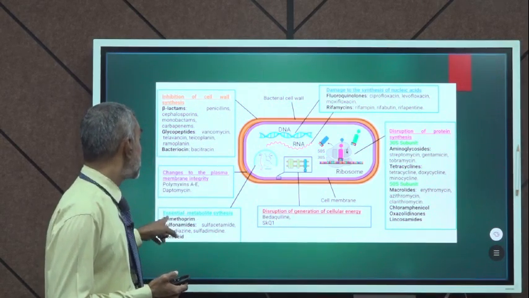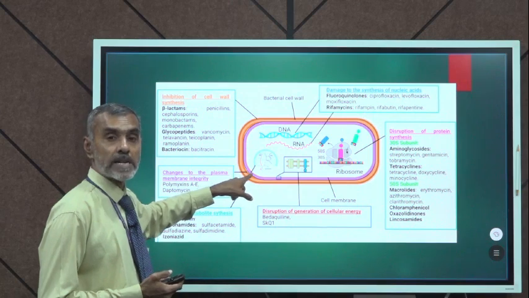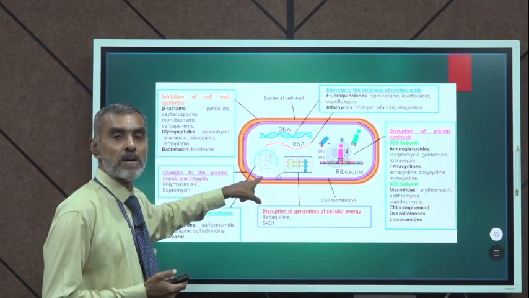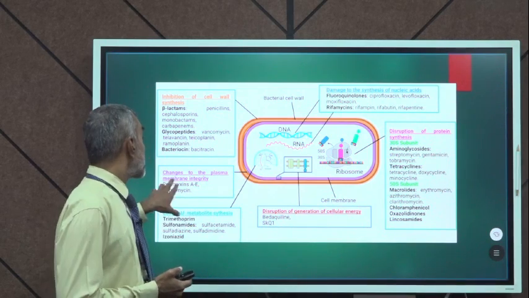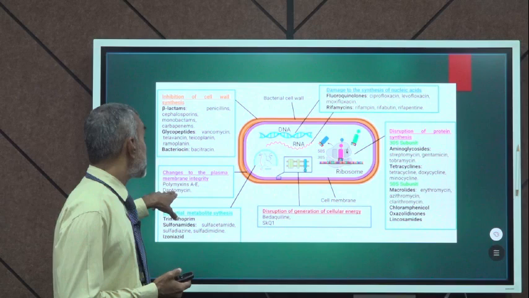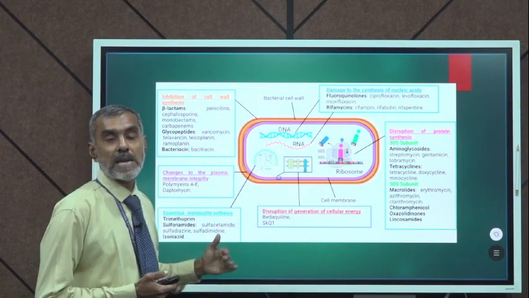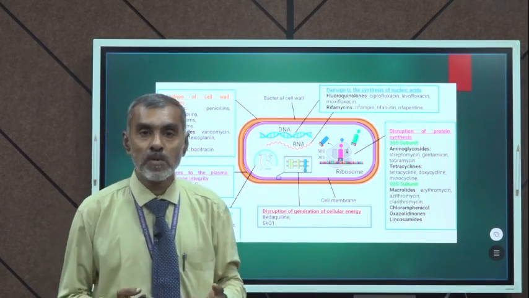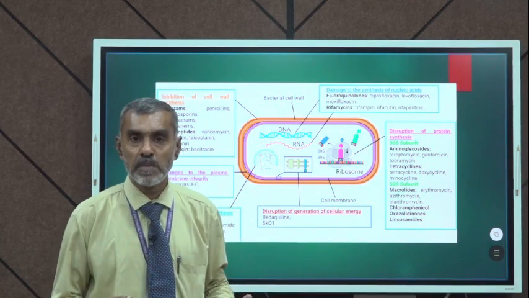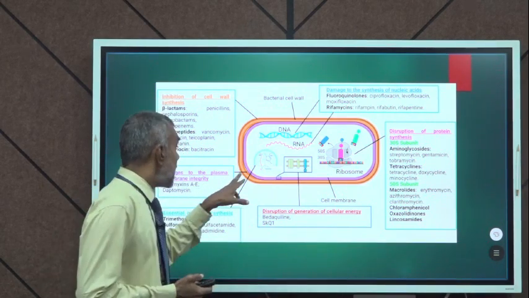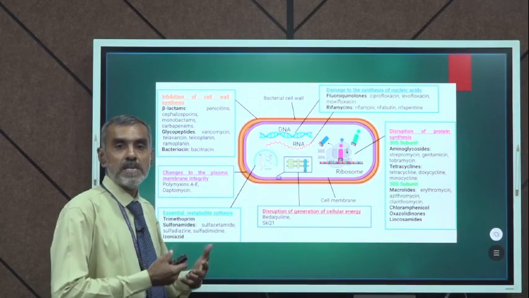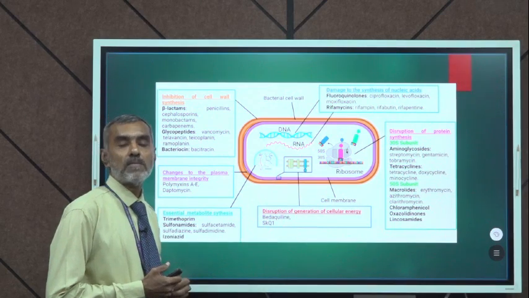And next are the antibiotics which act on the cytoplasmic membrane, for example polymyxins A and daptomycin. They act over the lipids, proteins or conjugate proteins present in the cytoplasmic membrane of bacteria, and due to that they increase or decrease the permeability of the cell membrane.